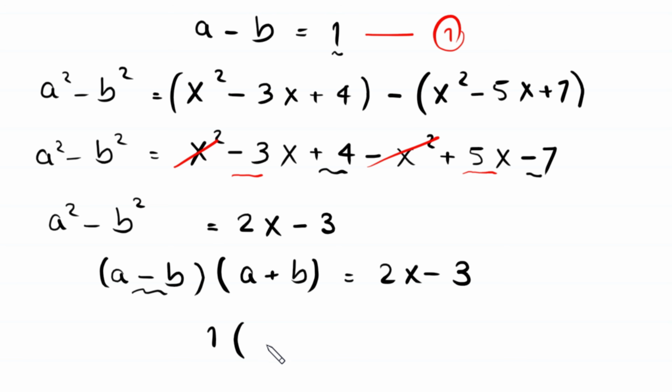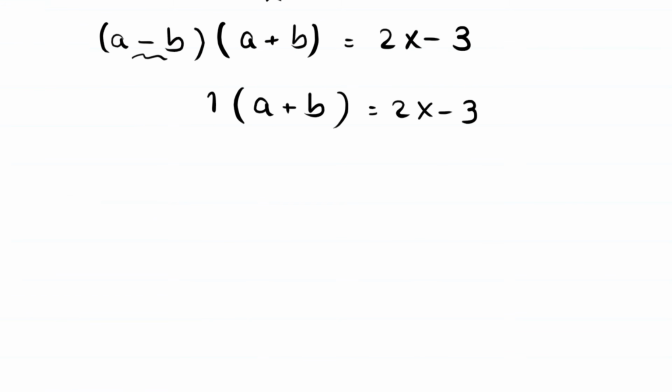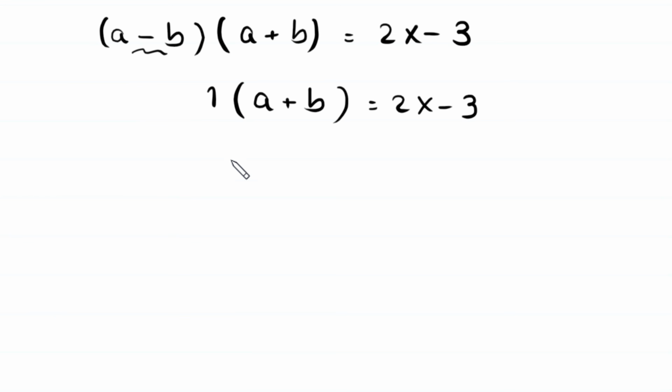The equation will become 1 times a plus b equal to 2x minus 3. Further simplify, this will become a plus b equal to 2x minus 3. Let's call this equation number 2.